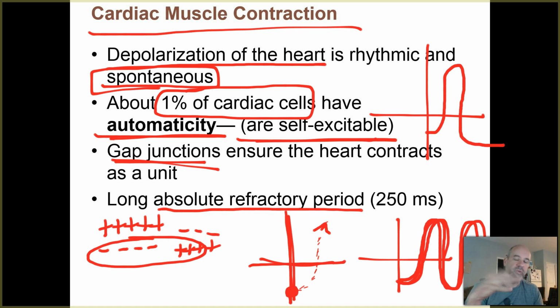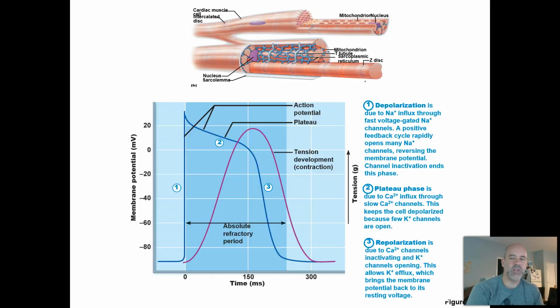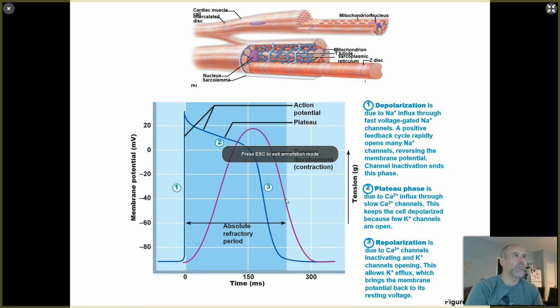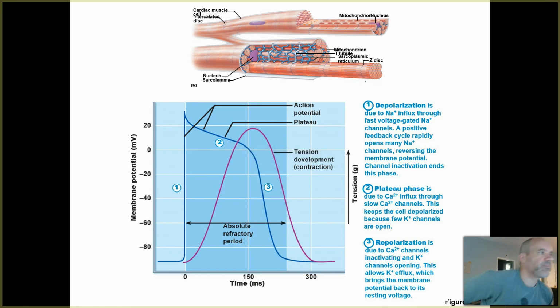The charge differences across the membrane have to be reset so that things can start working again. And same thing with cardiac muscle, but it's a longer period. It's 250 milliseconds, which is a quarter of a second in length. I know that doesn't sound like very long, but it's longer than what you have with your skeletal muscle fibers.